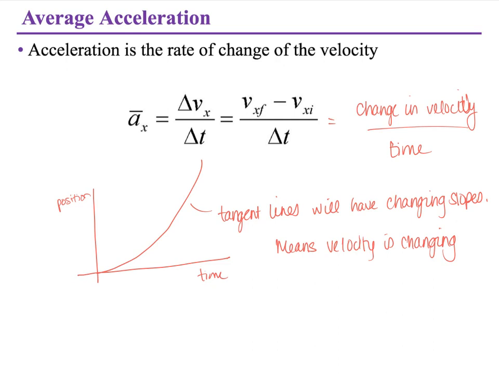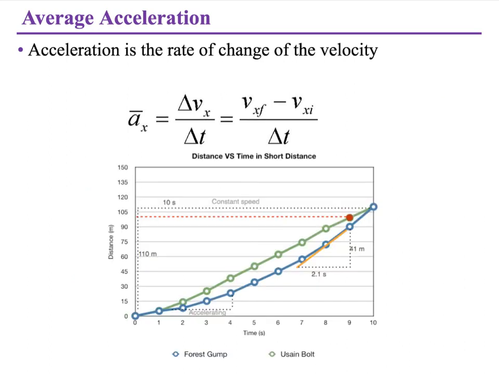Again, we have the average acceleration, which is the change over some time interval. So for instance, here we have one graph with 2 different data sets on it. The blue line is Forrest Gump running, and the green line is Usain Bolt.